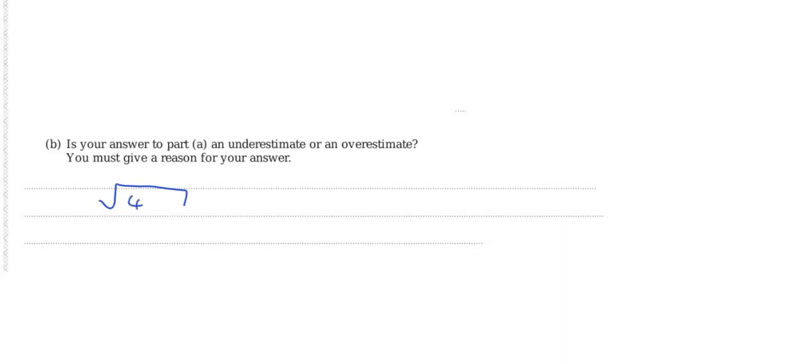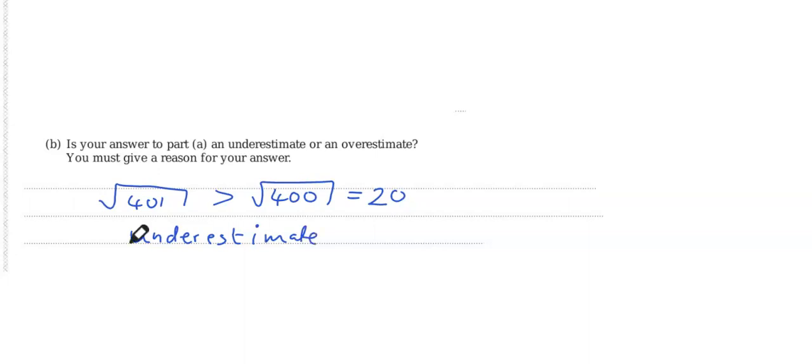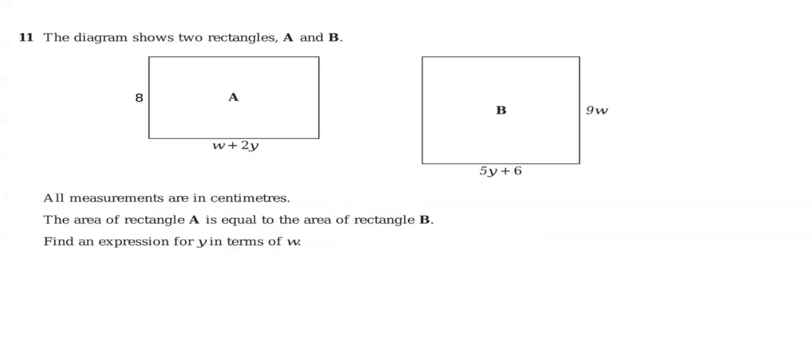The square root of 401 is greater than the square root of 400, which is itself 20. And so we have an underestimate because 20 is smaller than the square root of 401.